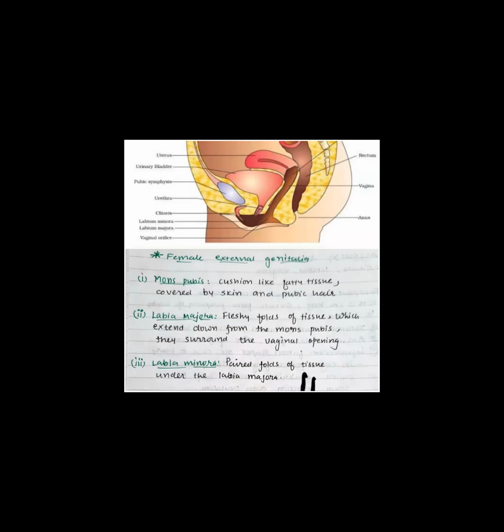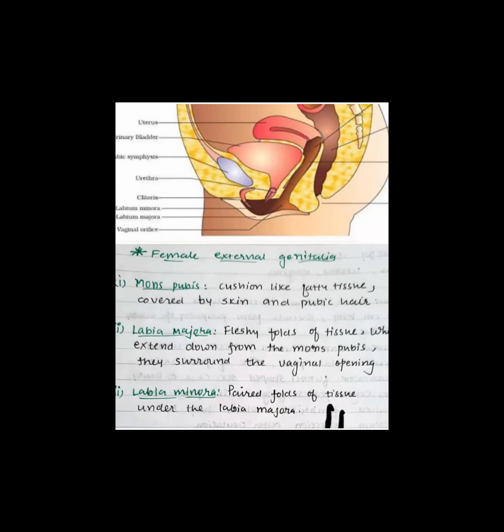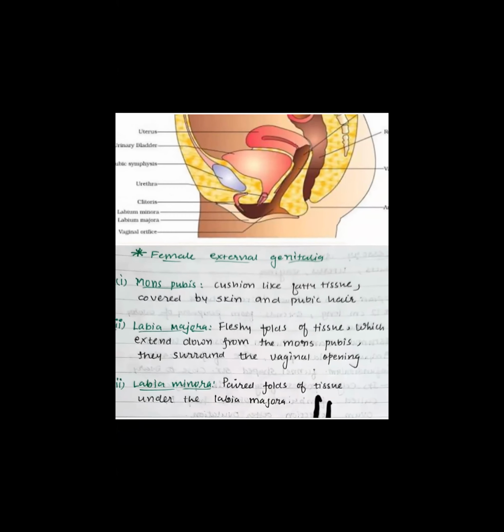Let's talk about the structures which are part of the female external genitalia. We'll start with the first in that sequence. First is the mons pubis.